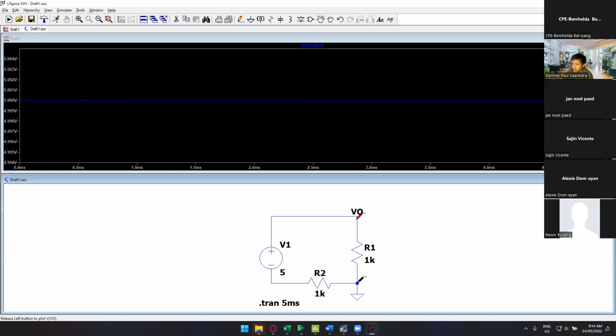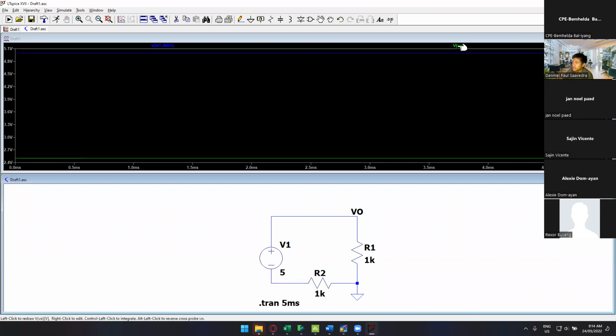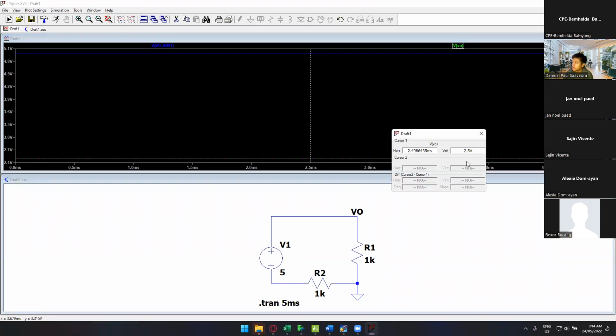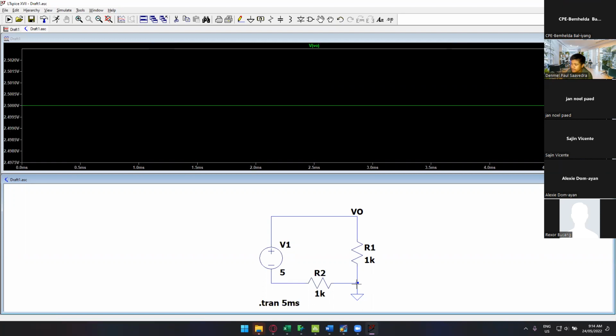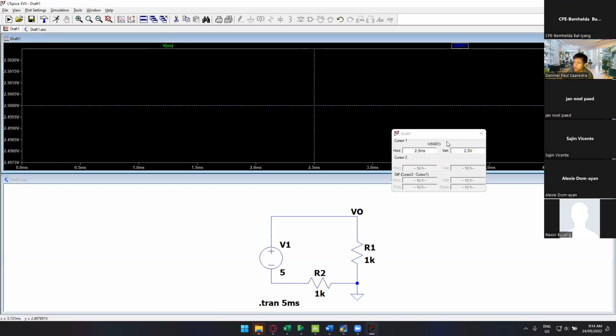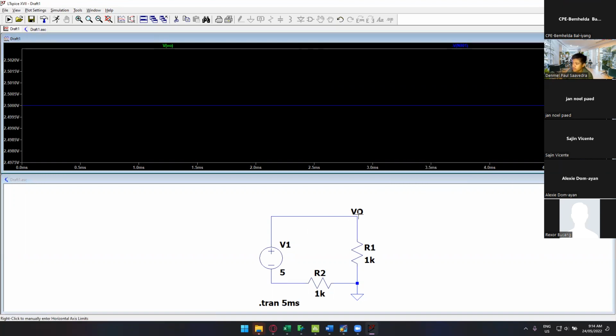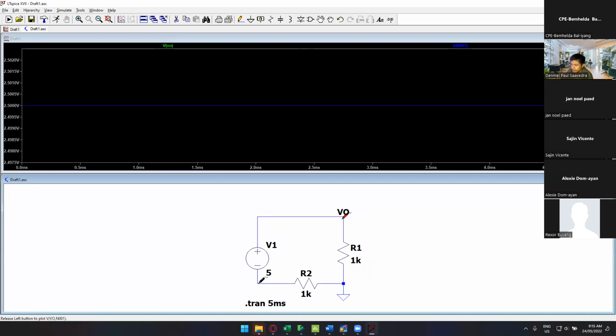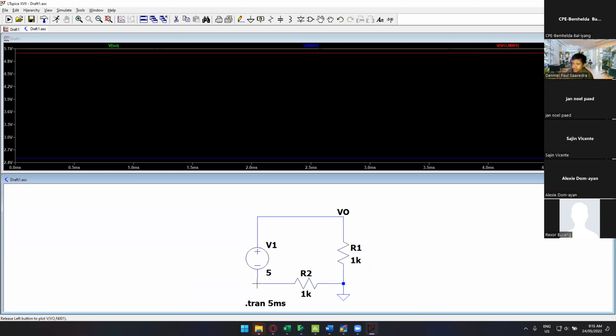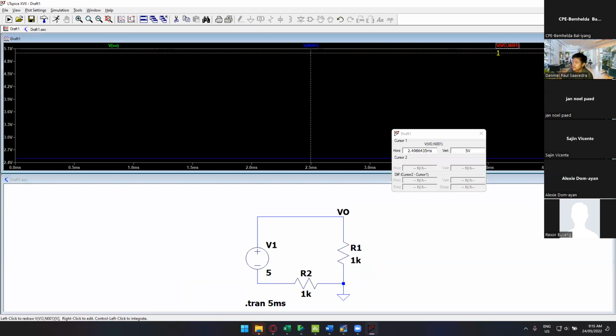Let's see if we can measure it right here. In here, it gives us a value of 2.5 volts. The voltage across this VO after crossing R1 is 2.5. This one will also give us a value of 2.5 volts. So at the end of the day, we only have one flow of current, and after passing those two, it will give us a total of 5 volts.